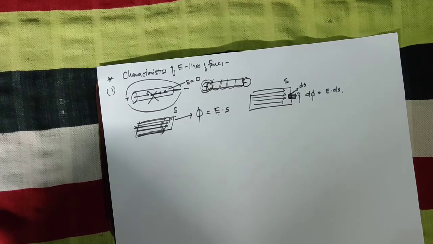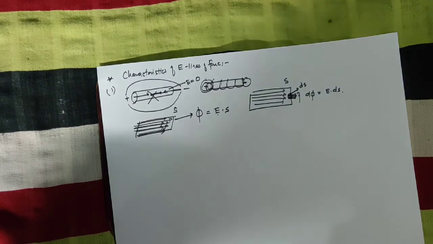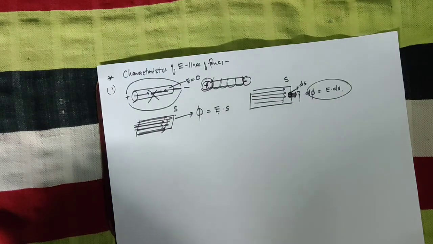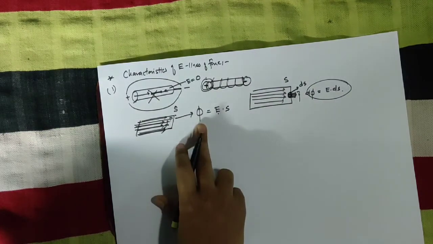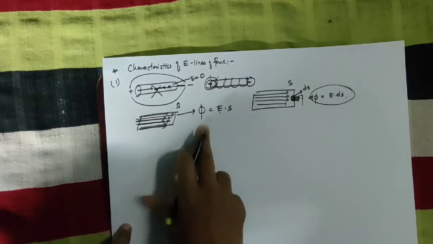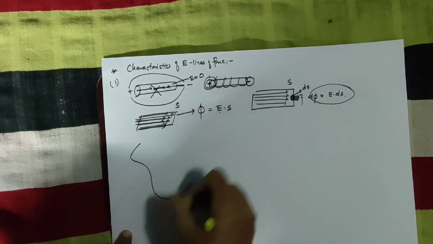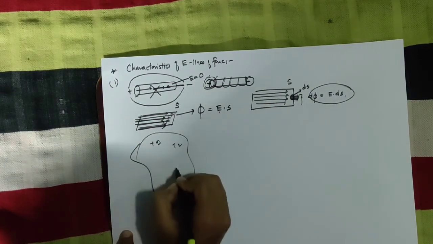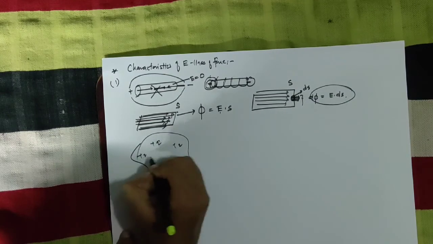So what is the Gauss law? The statement is: the flux of the net electric field through a closed surface equals the net charge enclosed by the surface divided by epsilon naught. That means whatever value we get in terms of small surface area, E into ds, or total flux phi, phi is equal to Q upon epsilon naught. Suppose this is a closed surface and there are a number of charges present in it.